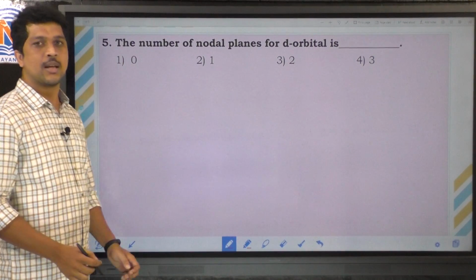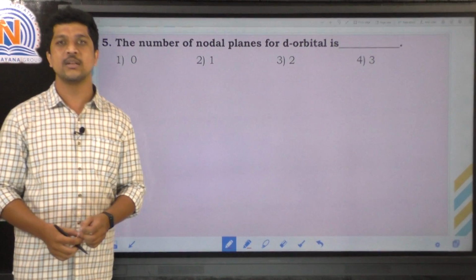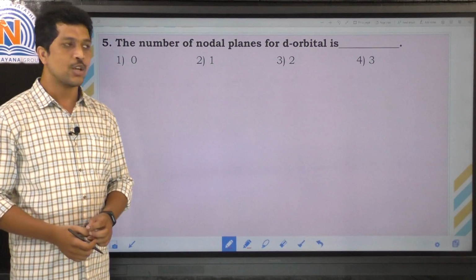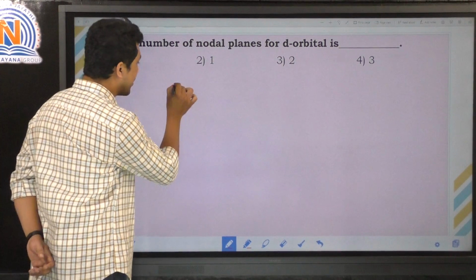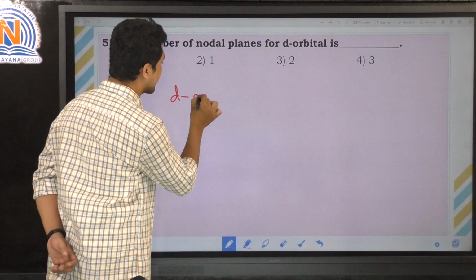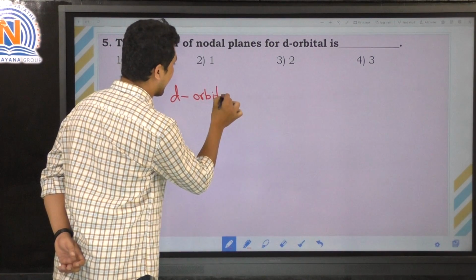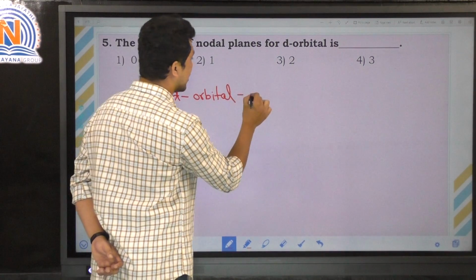Here the question: the number of nodal planes for d orbital is. We know that the d orbital shape is double dumbbell.